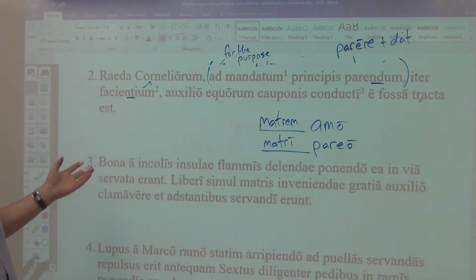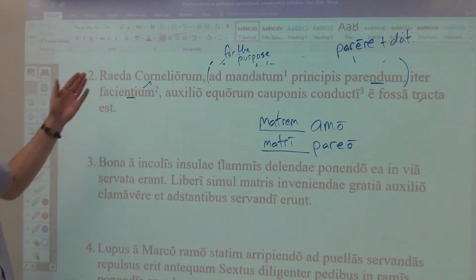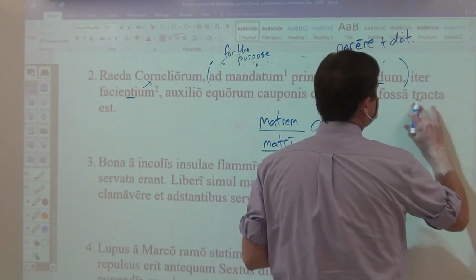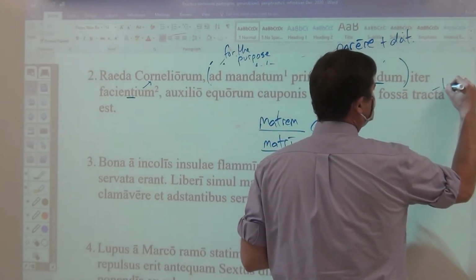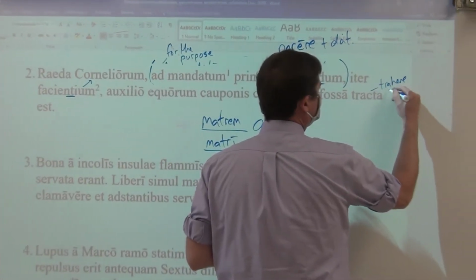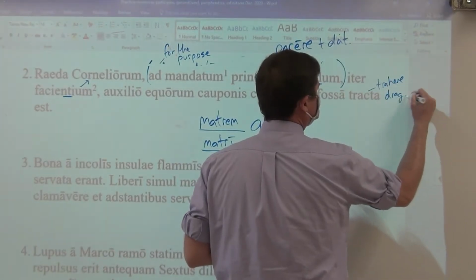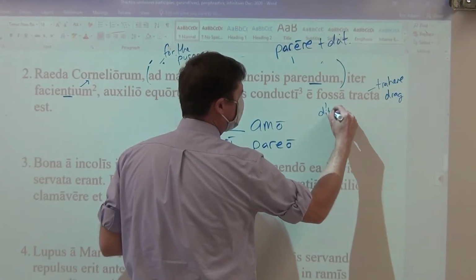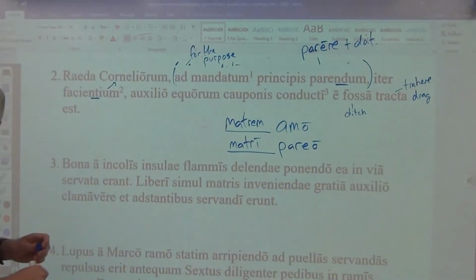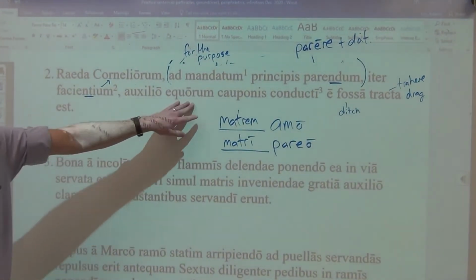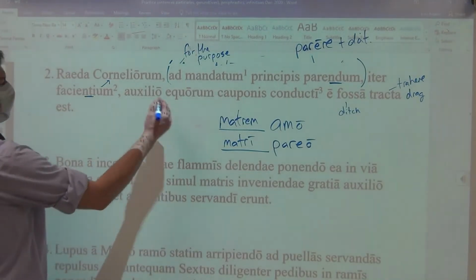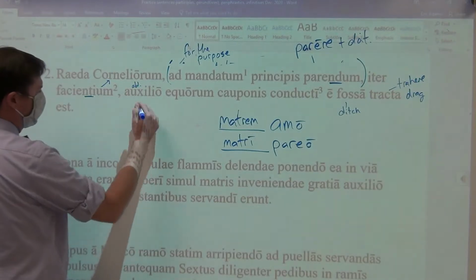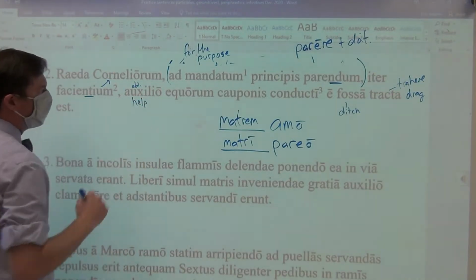That Raida, and I need to go find out the verb for which that is the subject. And I find it with tracta est. Tracta est is, of course, the verb that means traho trahere, to drag or pull. E fossa, this is a ditch. Auxilio equorum. Auxilio here is in the ablative case. By, with, because of, from, and on, at, and it is the word for help.